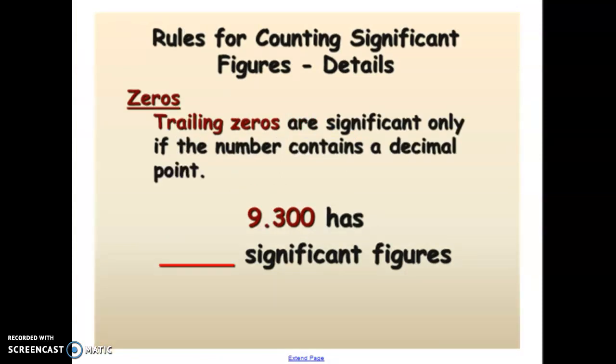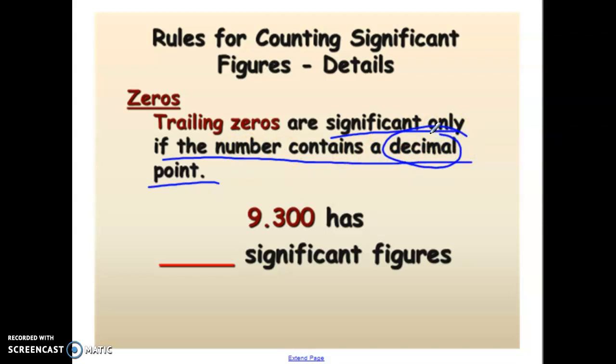Now, what happens if you have zeros at the end of your number? They're called trailing zeros. Trailing zeros are a little bit different. Sometimes they're significant, sometimes they're not. They are only significant if the number has a decimal point in it.